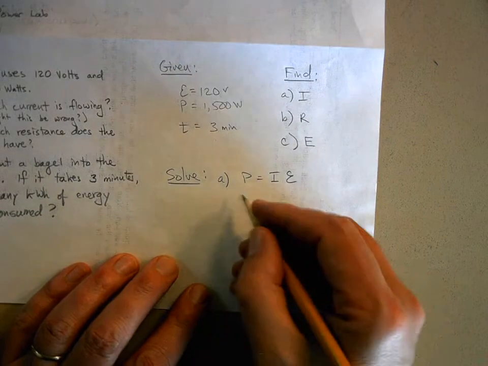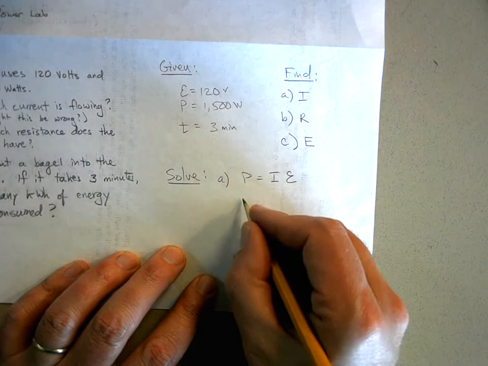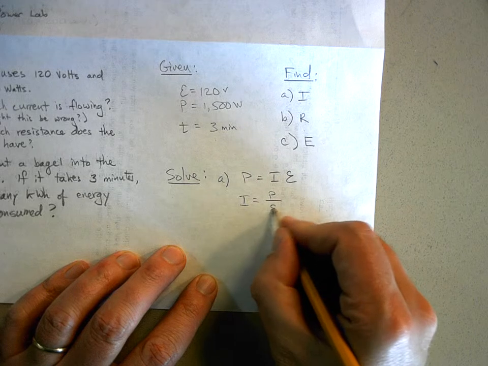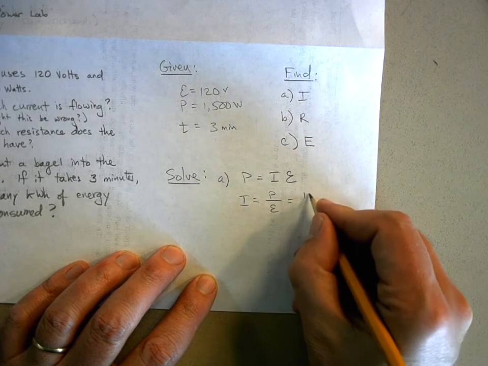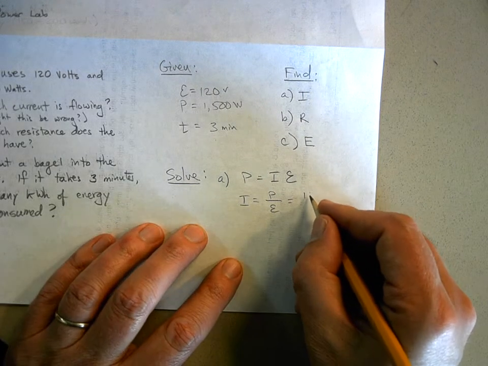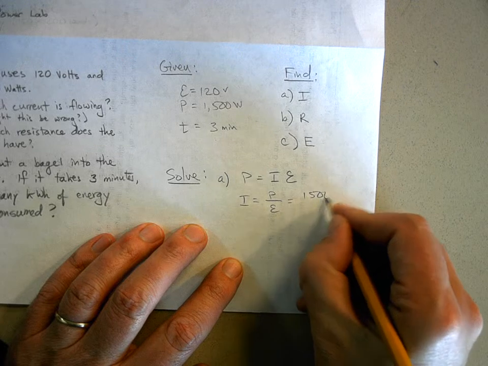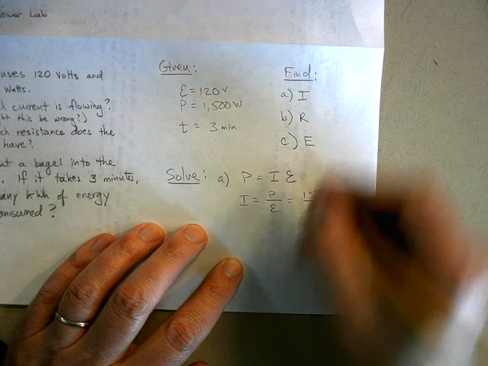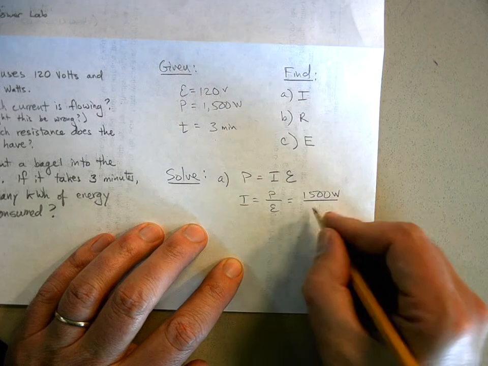Okay, so anyway, that means we're going to solve for I. So I, the current, is equal to the power divided by the voltage. So that's 1,500 watts divided by 120 volts.